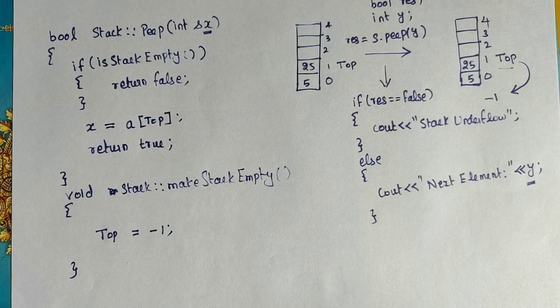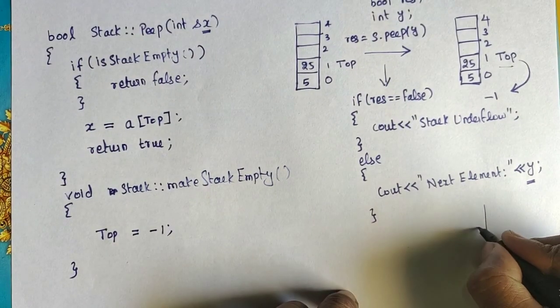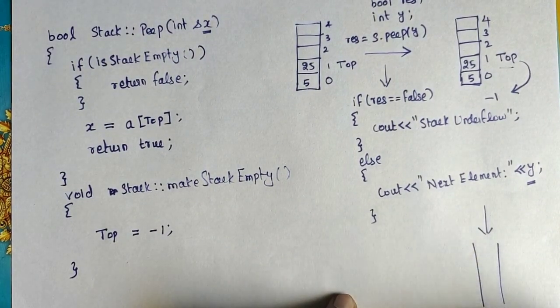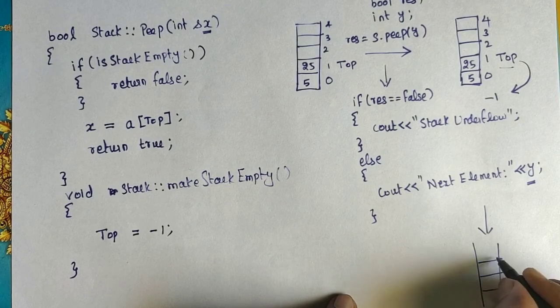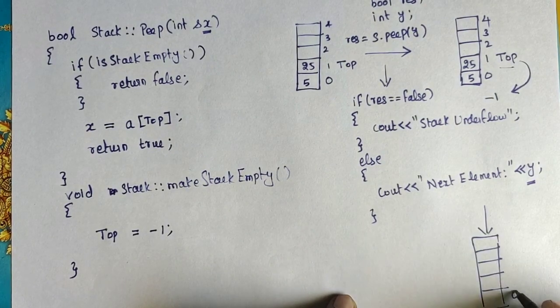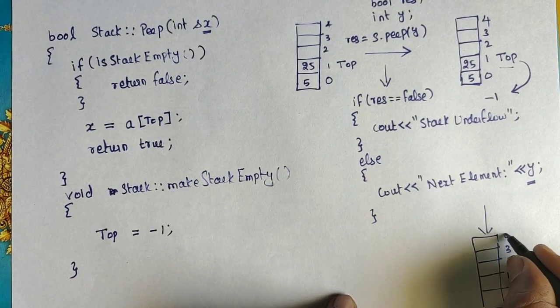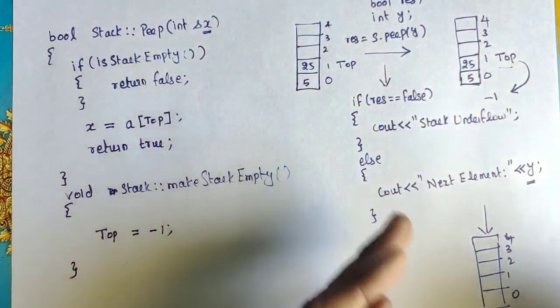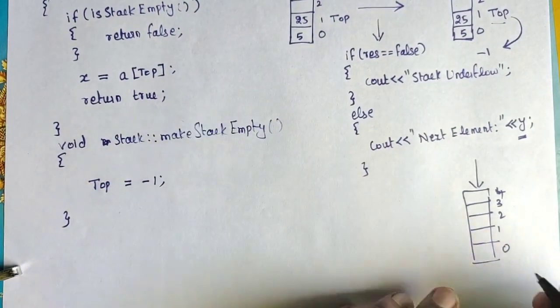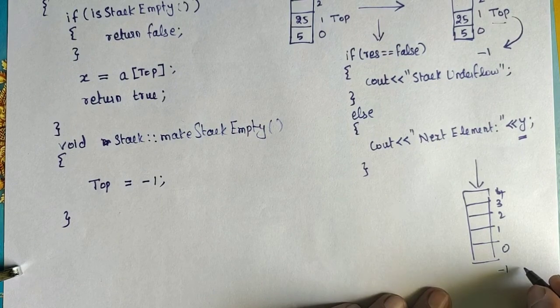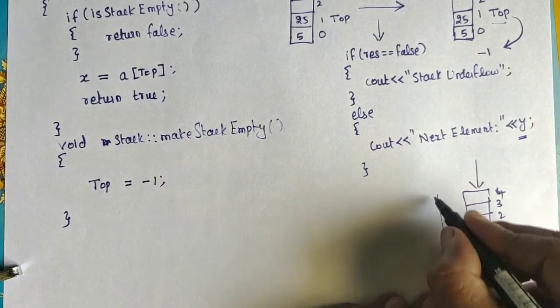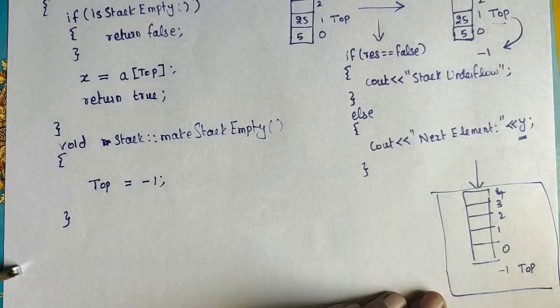After calling that function, the content of the stack is logically deleted. 0, 1, 2, 3, even the 5 or 25, there is no need to consider these. So the top is pointing to minus 1. So this is nothing but the empty stack. That's all.